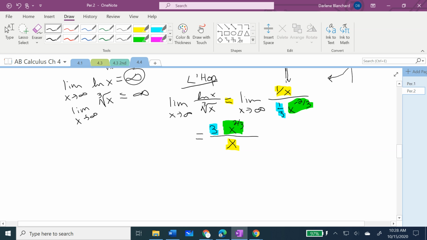And I can, oh, heresy. I didn't write limit in front of that. That's like a mathematical sin. Okay. Whew. Simplifying a little bit further, we get the limit as x approaches infinity of 3.